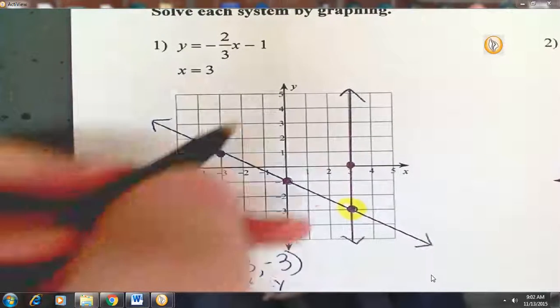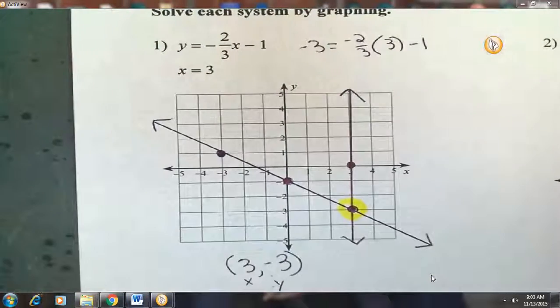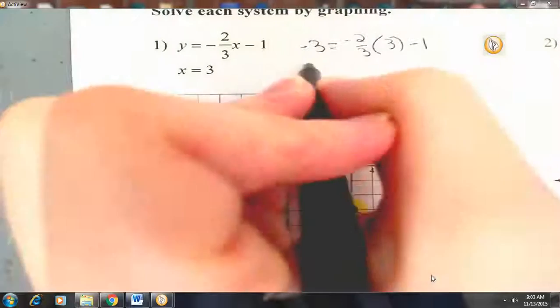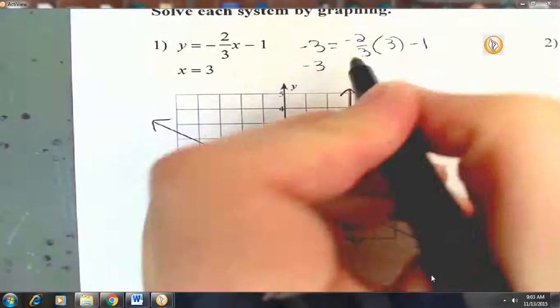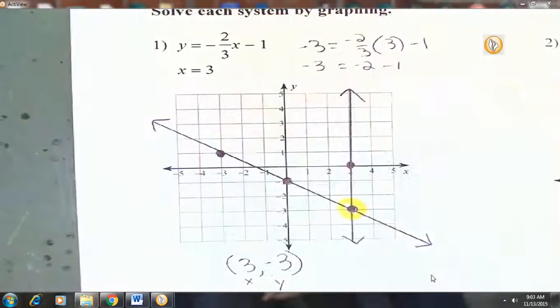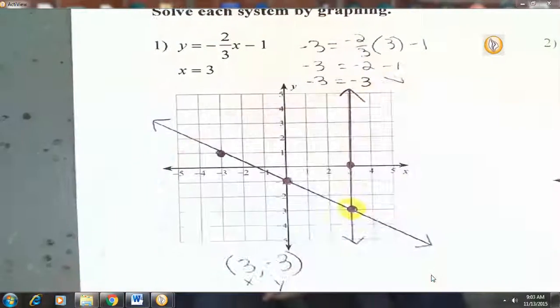So put -3 in for y: -2/3 times 3 minus 1. So I substituted the ordered pair in. Now I'm going to calculate. -2/3 times 3 is -2. And -2 minus 1 is -3. It worked. It checked out.